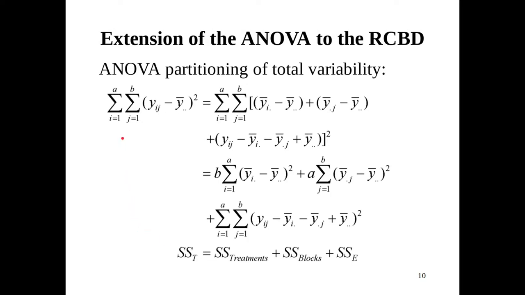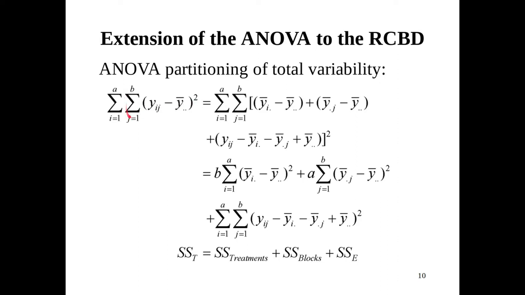And then we take the ANOVA partitioning of total variability, just like we did in the last chapter. So the total variability is given by the individual observation minus y bar dot dot, which is the grand average of all the readings, all the observations, whole square.